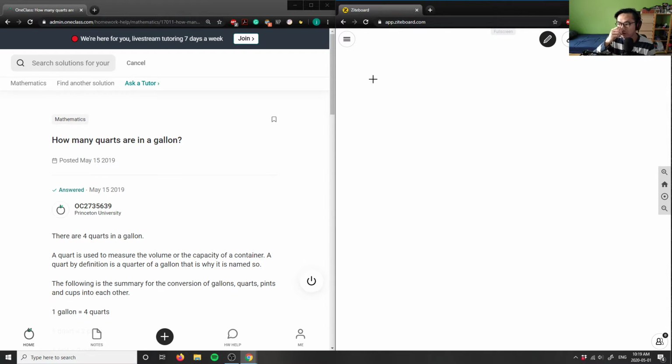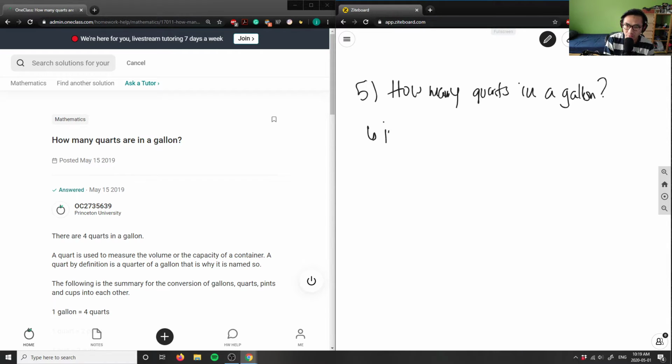I feel like I've already answered this question quite a bit, but we can do another one here. How many quarts are in a gallon? Again, we're working in the empirical system, measuring volume.